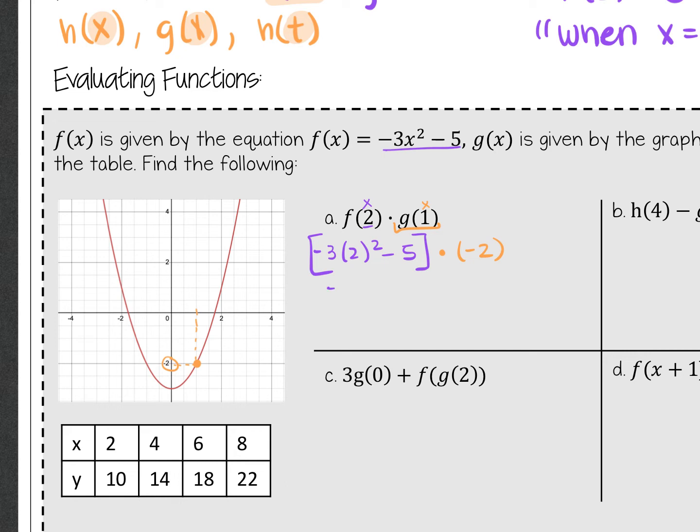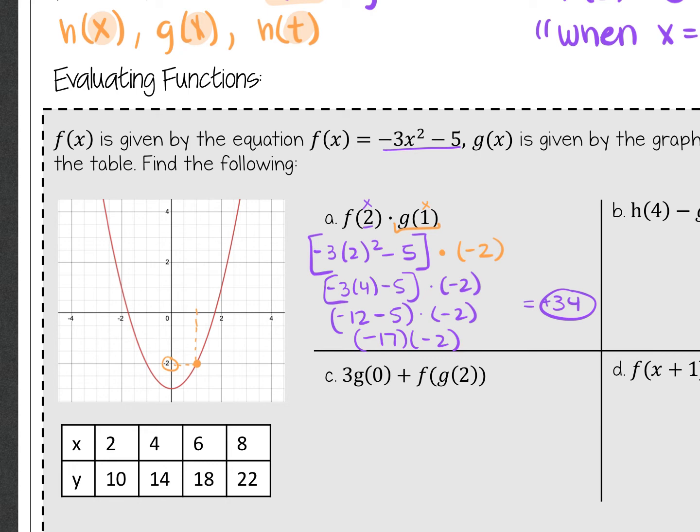So we've got negative 3 times 4 minus 5, all times negative 2. Negative 12 minus 5, times negative 2, negative 17 times negative 2, and this equals positive 34. And that's it.